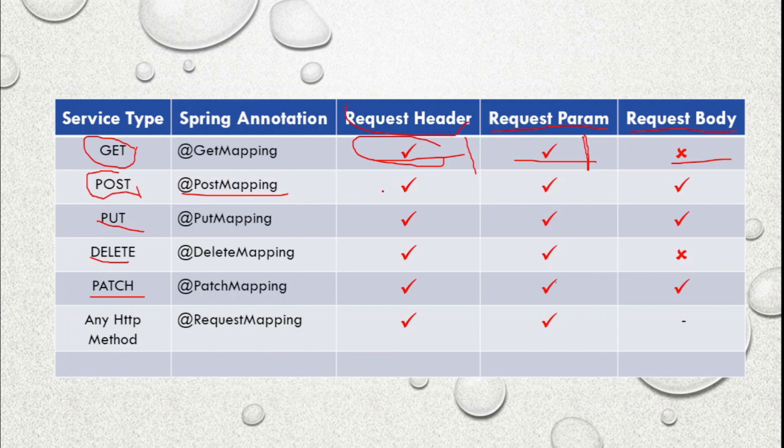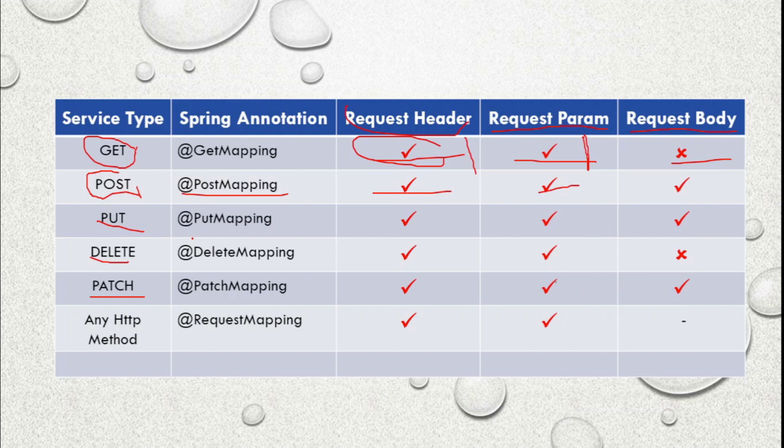Now the PUT mapping. PUT services are generally used to update records in the backend. Let's say we have an employee record and we want to update most of the fields of that employee. Then we will use PUT services for those scenarios.